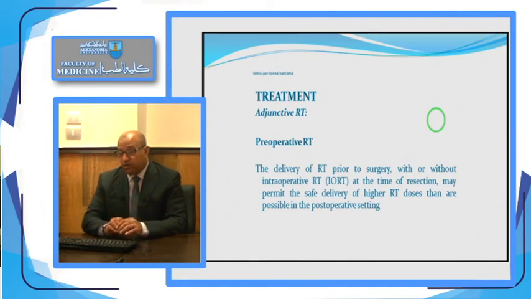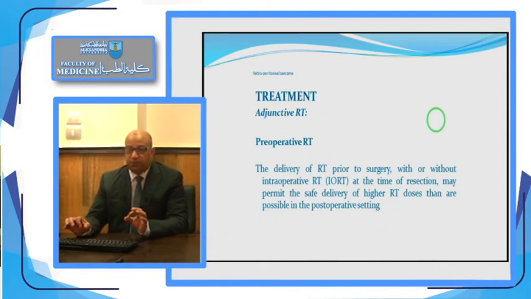So the role of preoperative radiotherapy, delivered before surgery with or without intraoperative radiotherapy at the time of resection, may permit safe delivery of a higher radiotherapy dose than is possible in the post-operative setting.